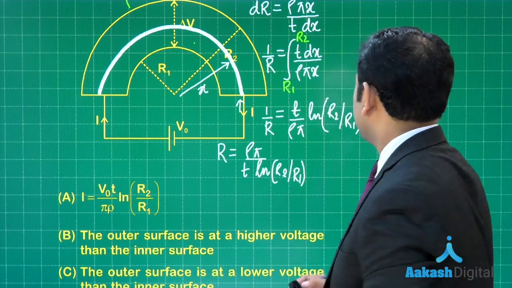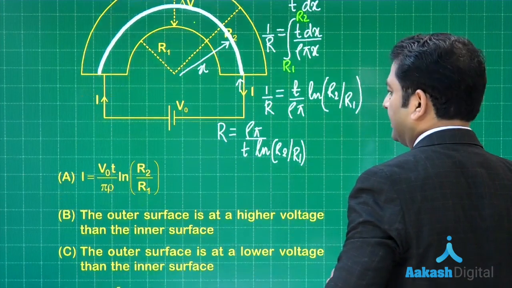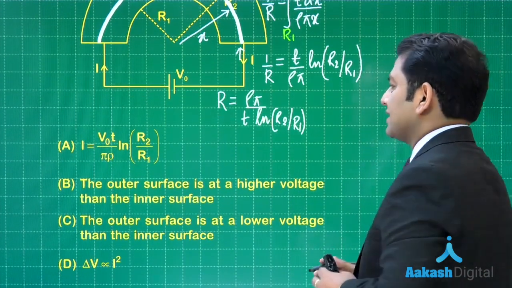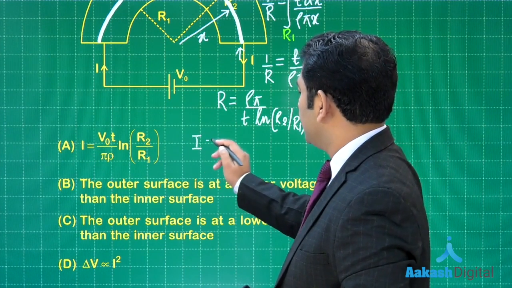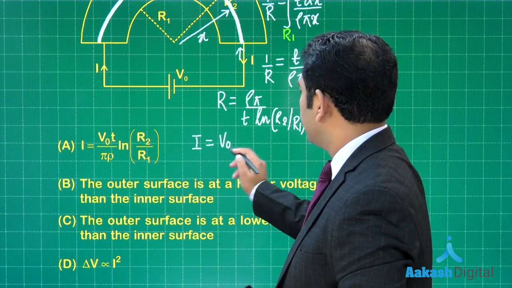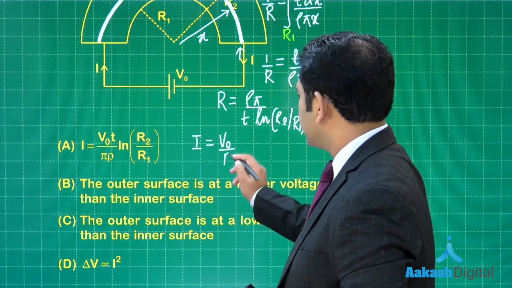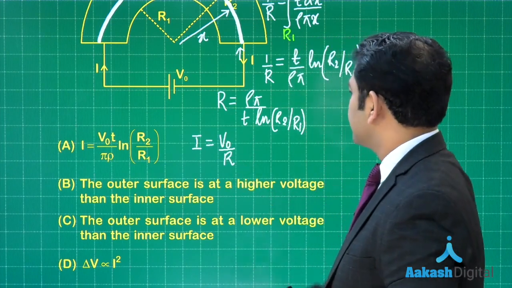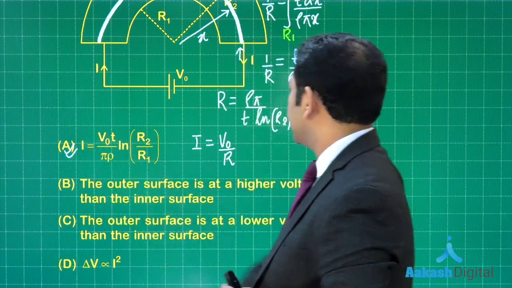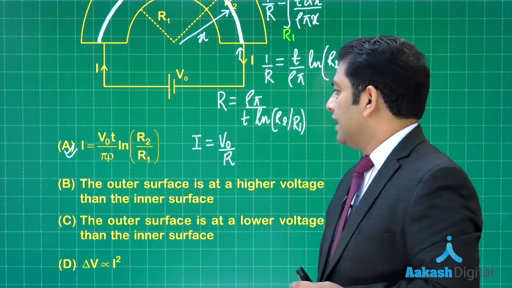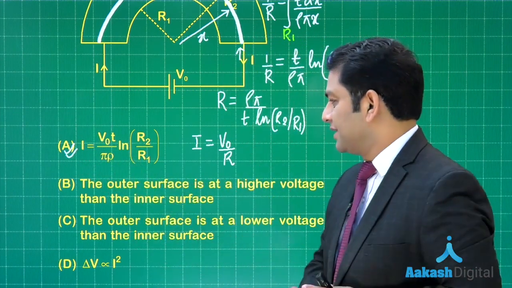So that's the given value of resistance. Once you calculate the value of resistance, to calculate the current flowing, of course, will be equal to V naught divided by resistance R, and this is straightforward, giving us option number A as the correct one. Okay, so first one has been done.